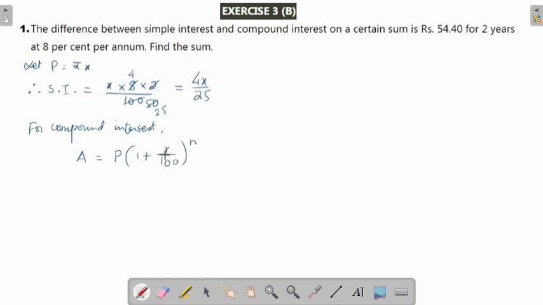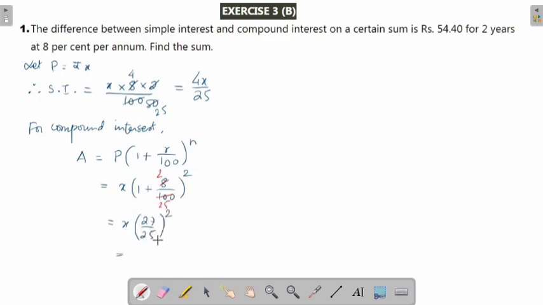P stands for principal, which is x, rate is 8 by 100, and time is given to be 2. So let's quickly simplify this. Do the cancellation with 4 to the 8, 4 25, right? So this is equal to, see here carefully, x into 25 plus 2 is 27, so 27 by 25 whole square.